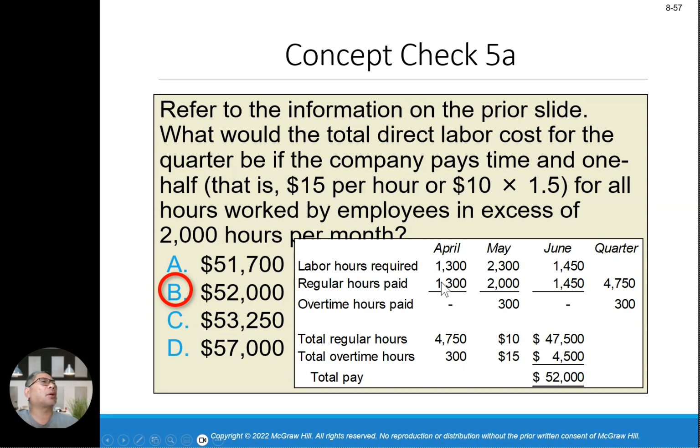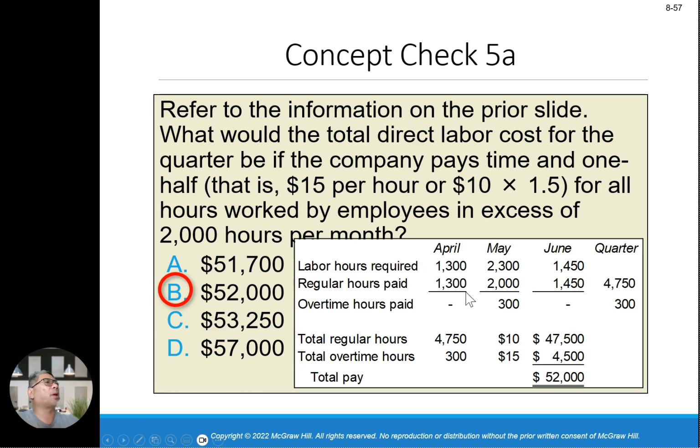How are you going to get B? This is how you're going to calculate. 1.5, remember it's 1.5. 1,300 here. The regular hours are 4,750. The overtime is 300. Remember, it is 1.5. Every time you work overtime, usually the company will pay you 1.5 times. Where do you get the 4,750 from?